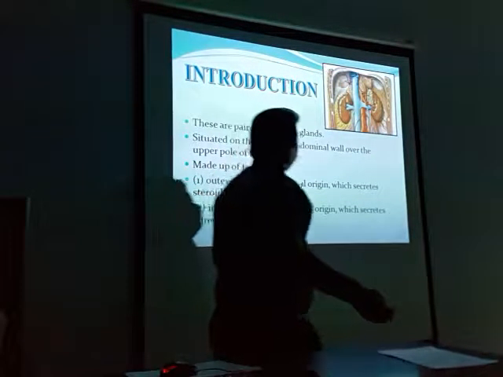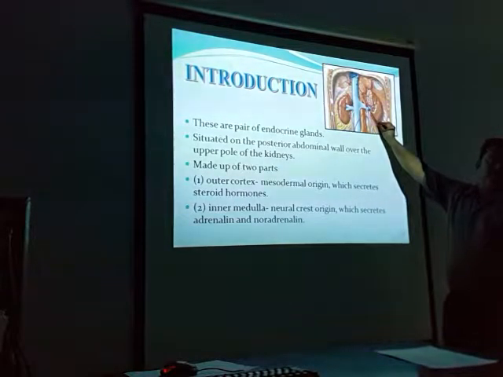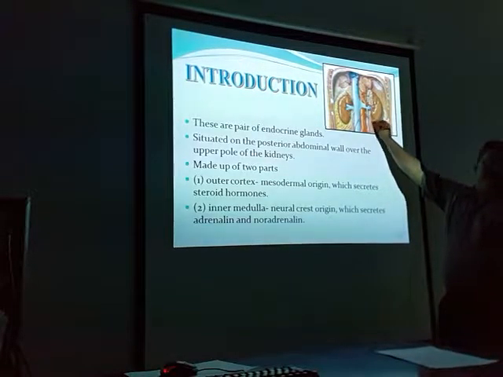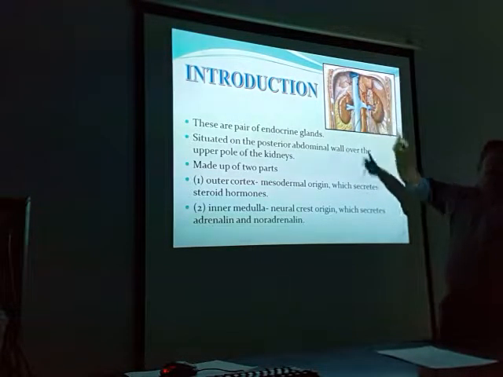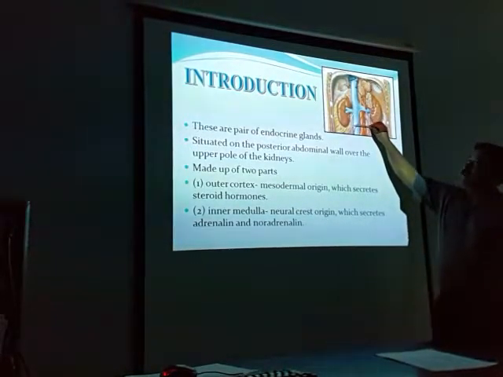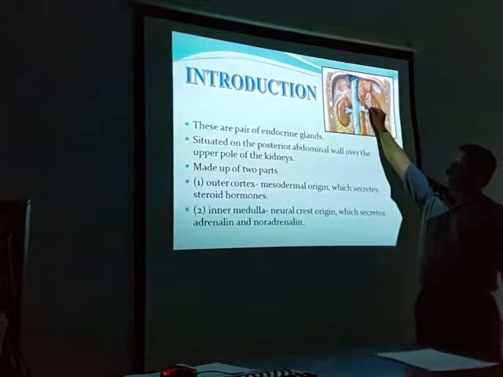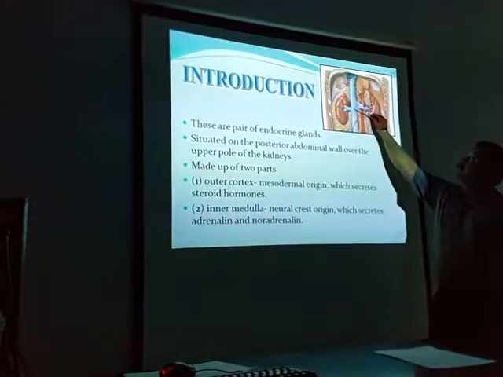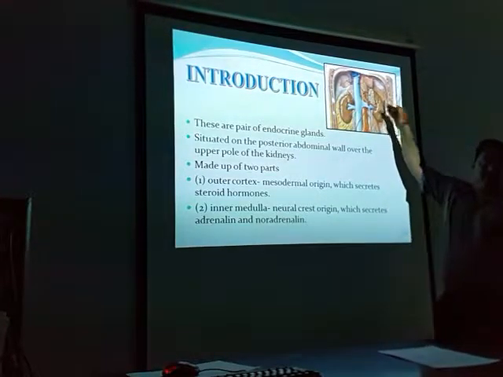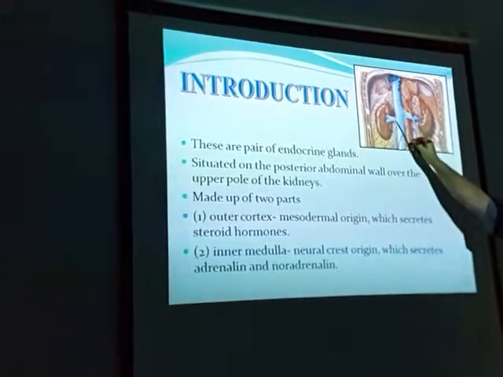In this picture, the posterior abdominal wall is shown with the stomach, liver and duodenum removed. Here is the abdominal aorta and the inferior vena cava, the diaphragm muscle, and the right and left kidney.